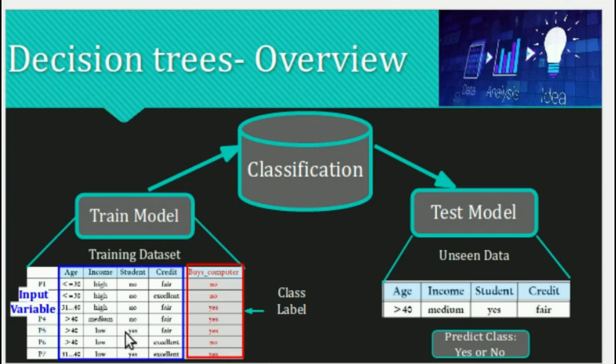Once they learn from the observations, they further predict the class label. The test set is used to determine the accuracy of the model. It is also used to evaluate the performance of the model using some performance metric. It is important that no observations from the training set are included in the test set.